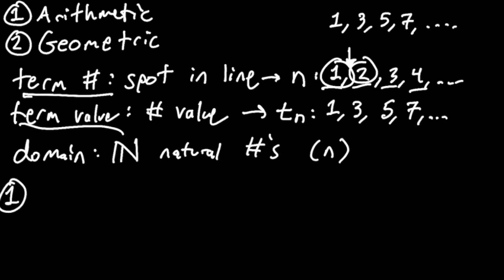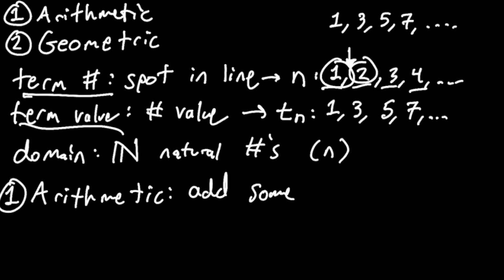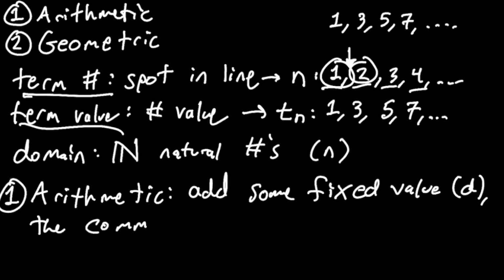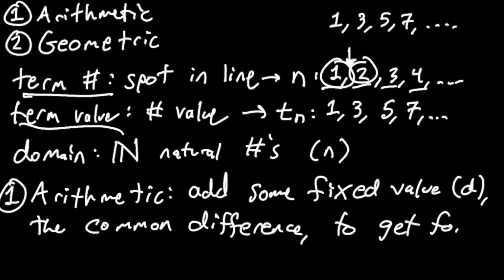The two types of sequences are differentiated by what we do to get from one term value to the next. An arithmetic sequence has a common difference. So we add some fixed value, which we call d, the common difference, to get from one term value to the next.